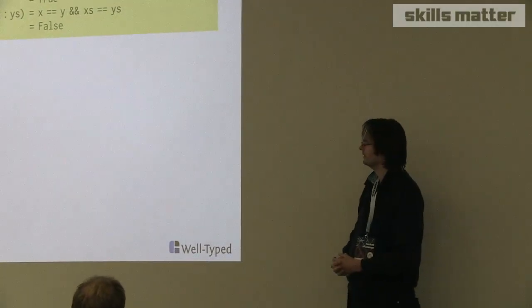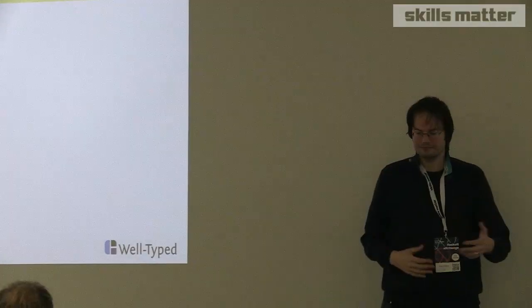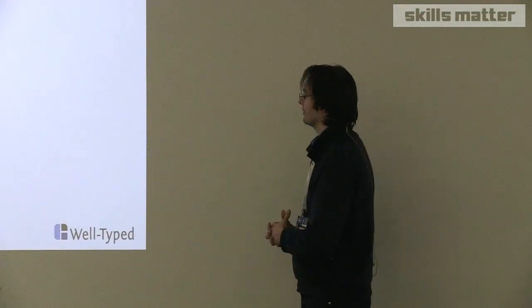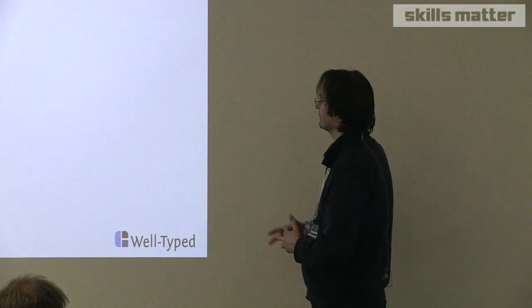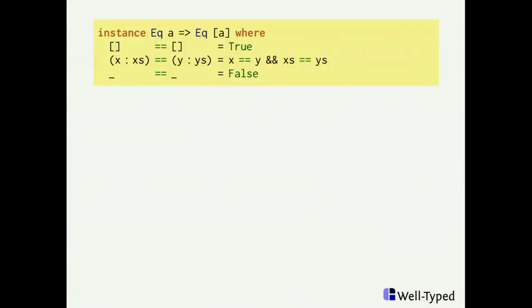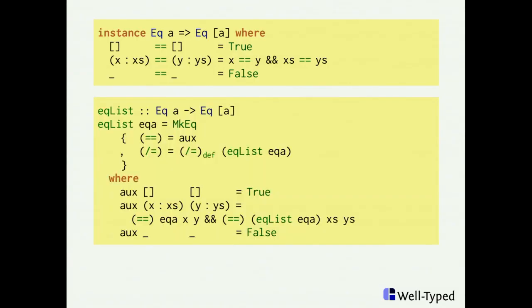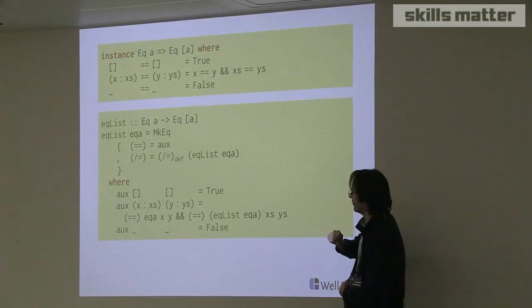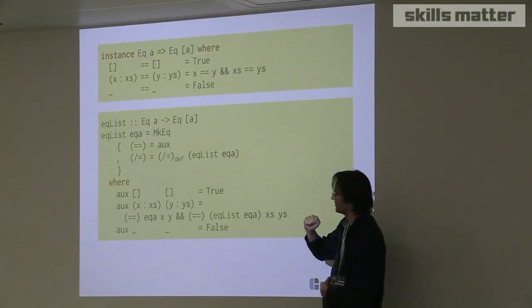Okay. Now let's look at the most complicated of our initial examples, where we have been looking at the instance declaration for lists and the actual code thereof, where the equals operator is used at two different types. How is this translated? Well, this turns into a dictionary transformer, as discussed before.